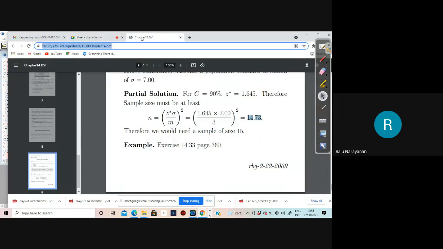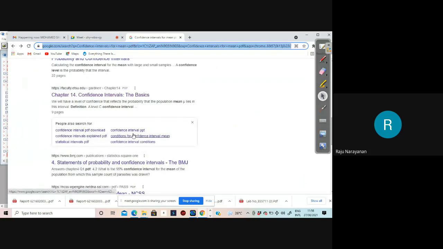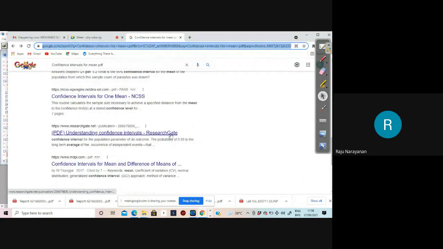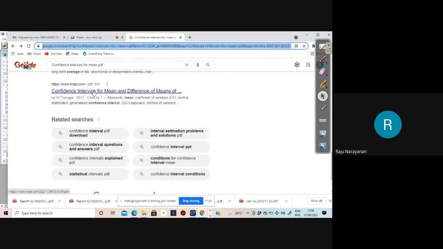This link also I can give. Where is the other one? I have not saved it, I think. You can take this. I am sure youngsters are very expert in computer techniques. Confidence intervals for mean and difference of means.